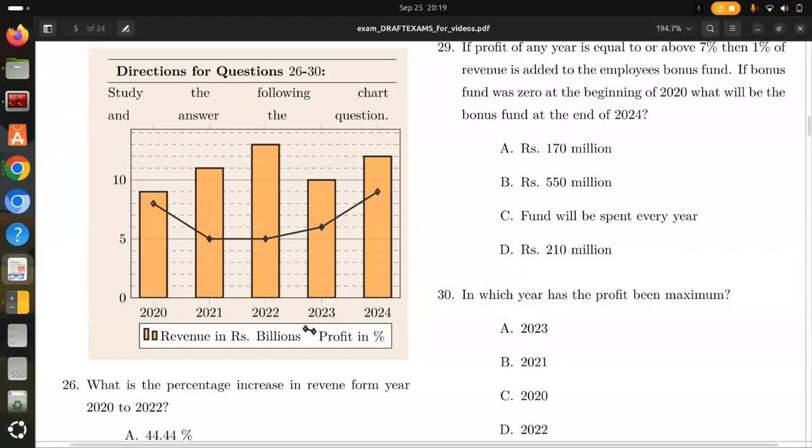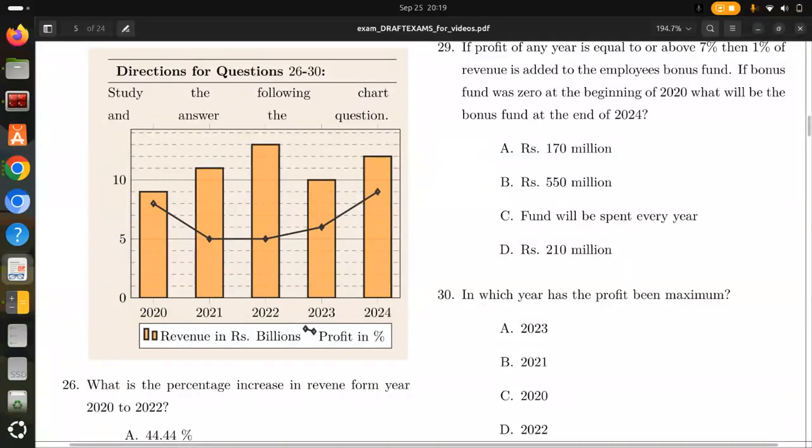One thing right away I notice is that in which year has the profit been maximum? There are four years, and in which the profit has been maximum is asked. So it will be better if I can directly calculate the maximum profit. But roughly I can see, for example, if I compare 21 and 22, the bar charts are nothing but revenue and the profit percentage in the revenue.